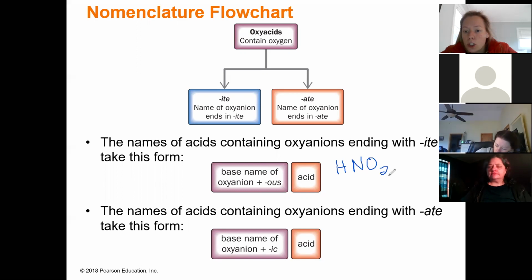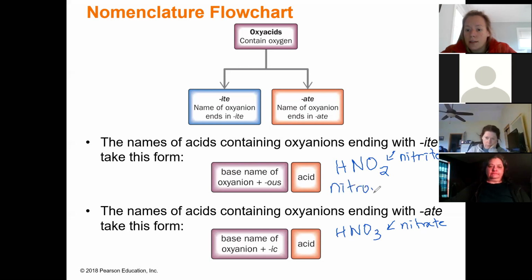HNO2 versus HNO3. So this is nitrite, right? And this is nitrate. So I'm going to take the base name of the oxyanion, so that's the nitr, and I'm going to ous it. So nitrous acid.